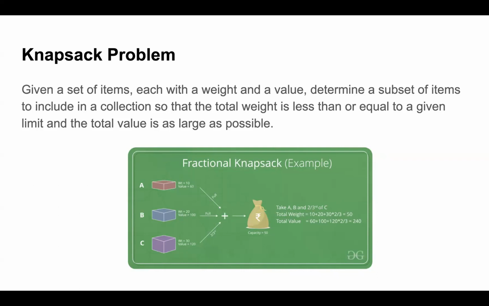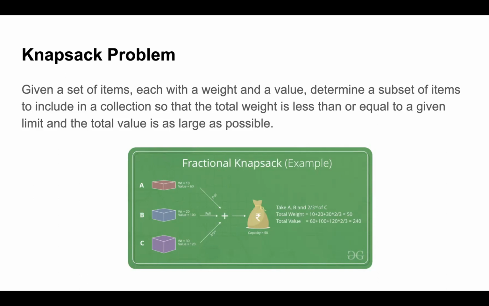Now see here, given a set of items, we will have some items, each with a weight and a value. Each will have a weight, and value means what? We will consider this value as the profit. Value means some weight will be there and profit will be there.